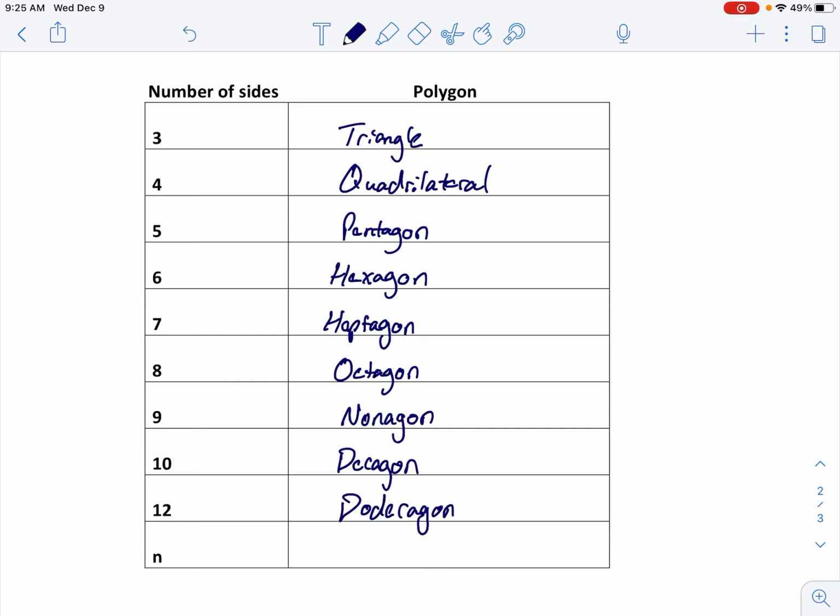So these are those special names that we have for whatever sided polygon. But sometimes we have maybe a 17-sided polygon, or like what we're going to say here, an n-sided polygon. So if we have a 17-sided, let me give that example, we can just call it a 17gon. So whatever the number of sides is, we're just going to do n-gon.